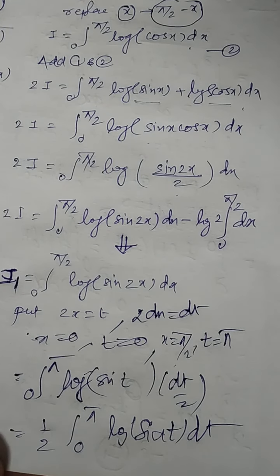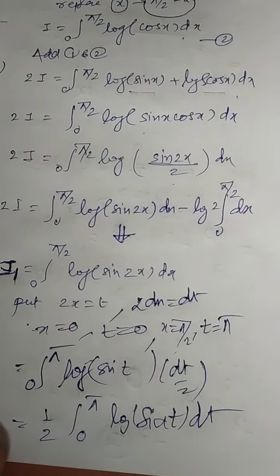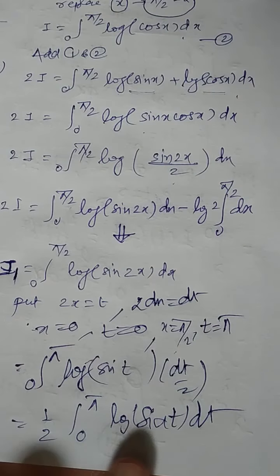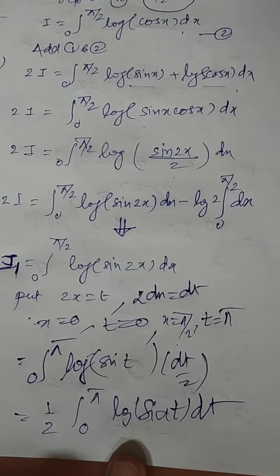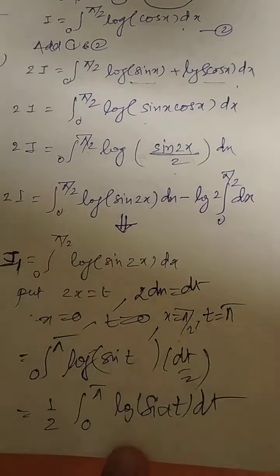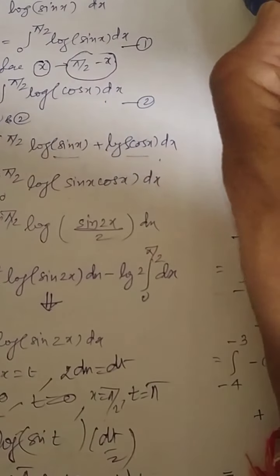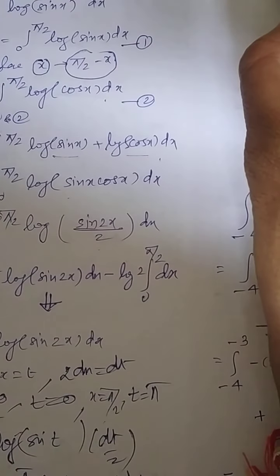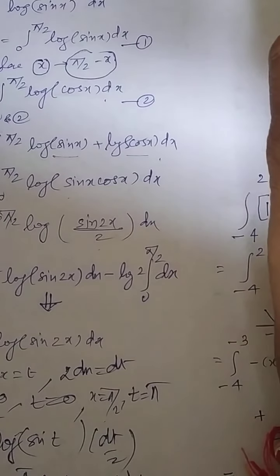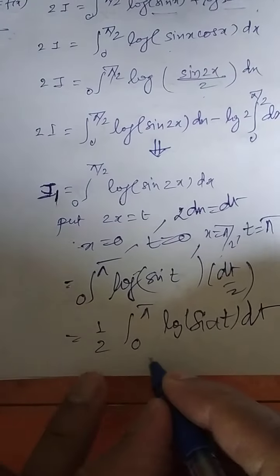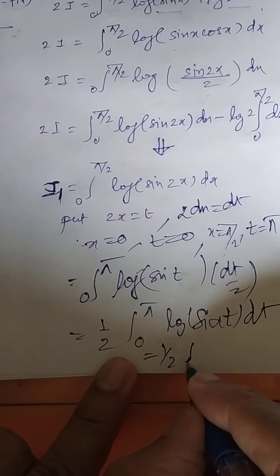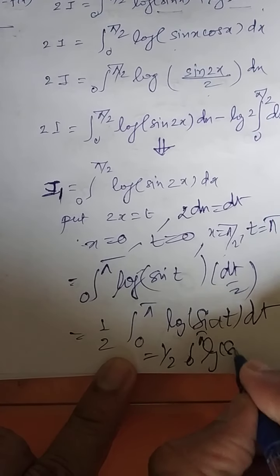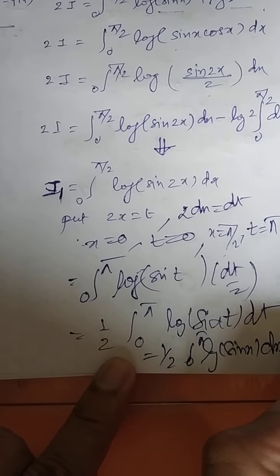Now you are getting this new integral of this form, 0 to pi of log sin t dt. Now what can be done? If you try to apply this property, the 2a minus x property, then you can apply. If you put pi minus x here, t can be converted also.